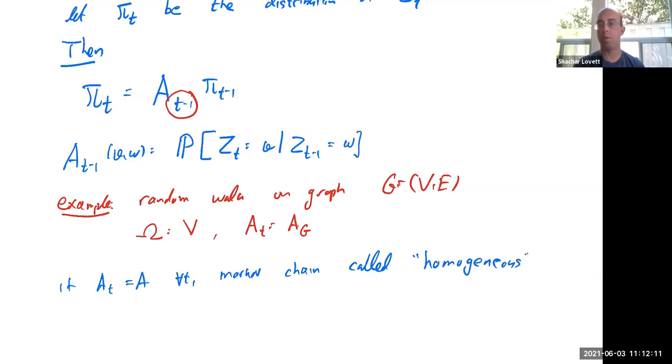So a homogeneous Markov chain is a Markov chain where the transition probability stays the same all the time, like the one we saw in a random walk on a graph. Otherwise, we call it inhomogeneous. But luckily, for everything we need, we just care about homogeneous Markov chains.